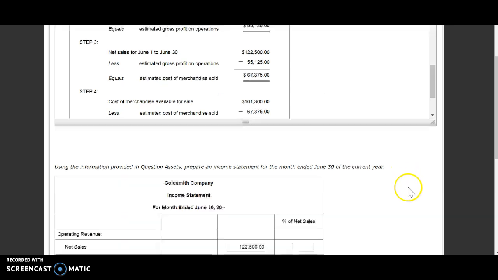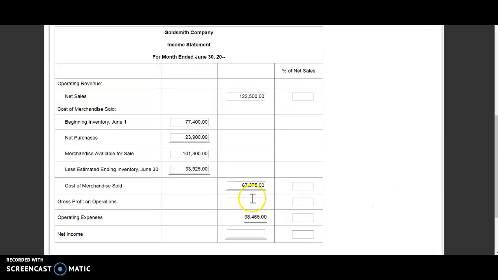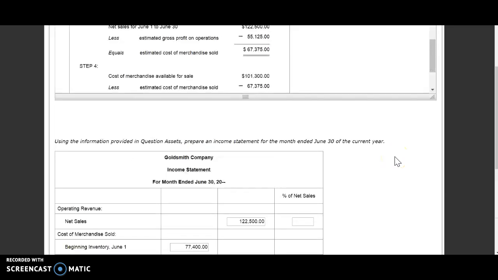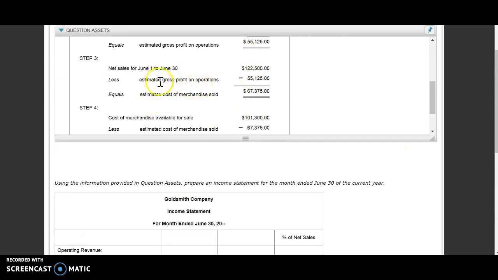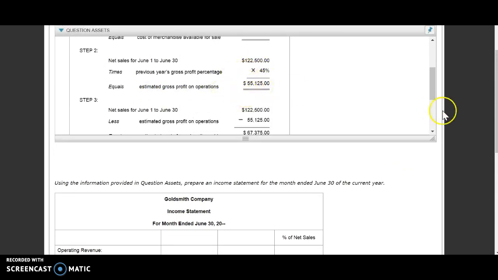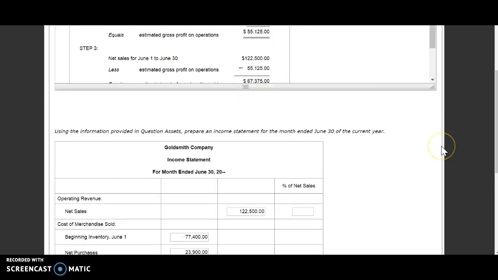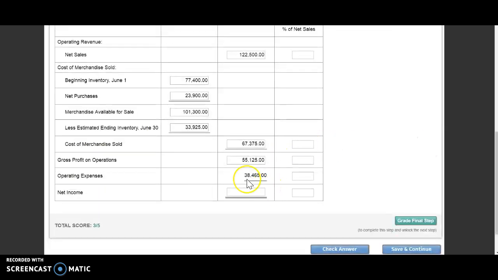Okay, gross profit on operations. We're going to subtract those two numbers. We should get 55,125. Again, we already figured that number out. Here's our estimated gross profit on operations, step 2. It gives us our operating expenses.